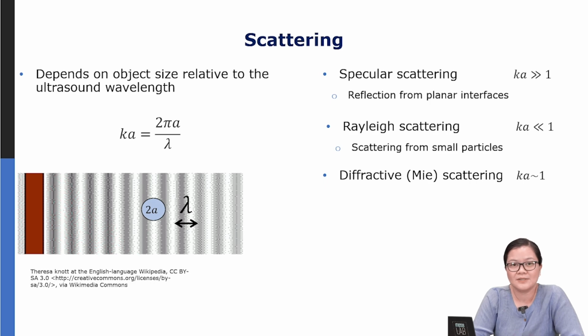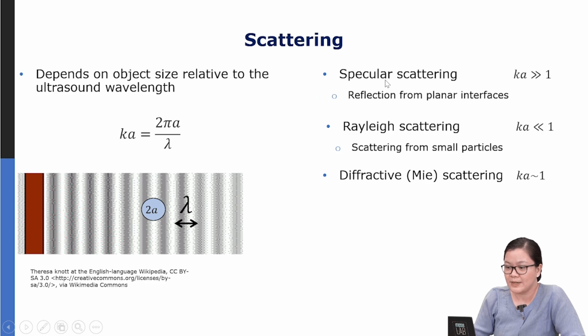We also talked about scattering. We know that scattering depends on the object size relative to the ultrasound wavelength. We also discussed that ka, depending on its quantity, determines the type of scattering.